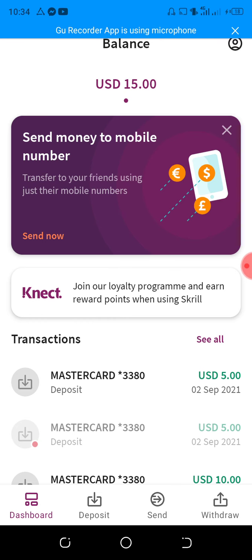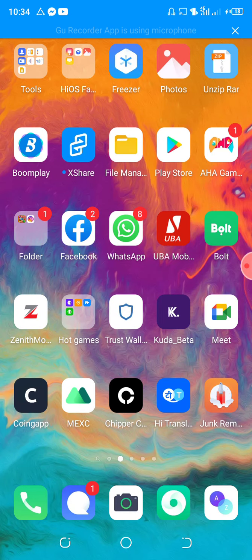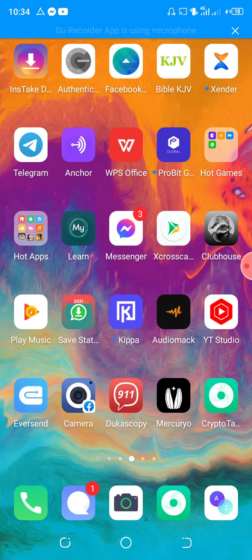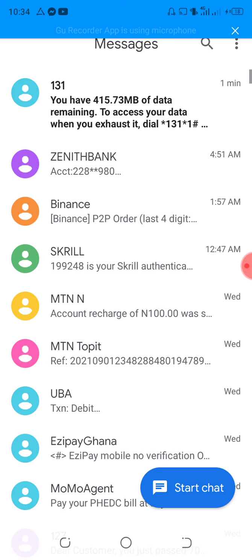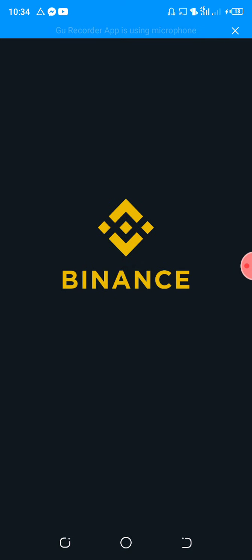So like I said, guys, all you need to do is sign up on Skrill, and you can use the Binance P2P to sell off. Okay, let's go to the Binance P2P now. Okay, so this is the Binance P2P. So how do I sell?